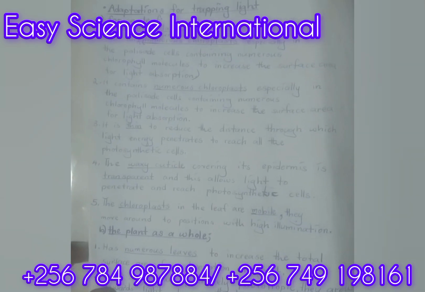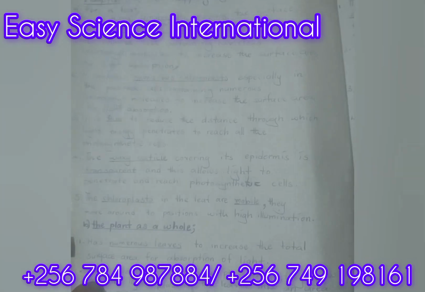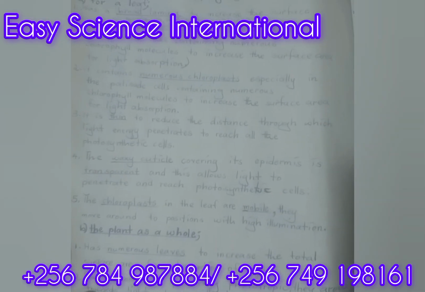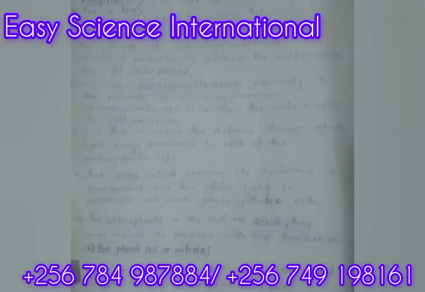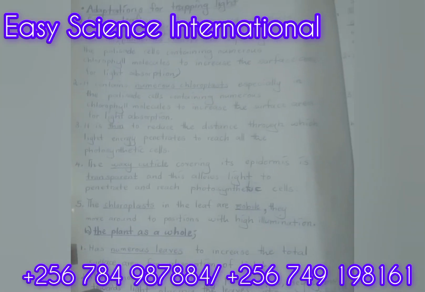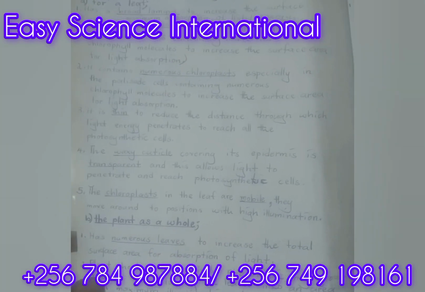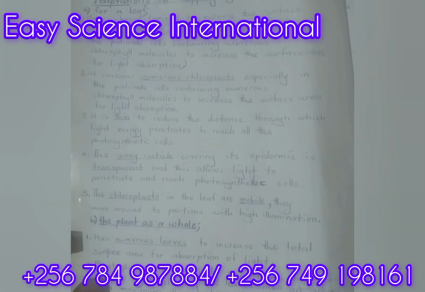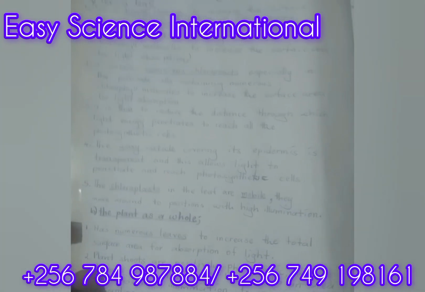Being many, the chloroplasts contain the light absorbing pigment, that is chlorophyll, among other pigments we shall look at. And being many means that the concentration of chlorophyll in the leaf particularly is very, very enormous, such that light absorption is actually achieved at its maximum.